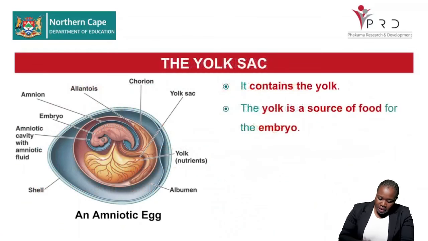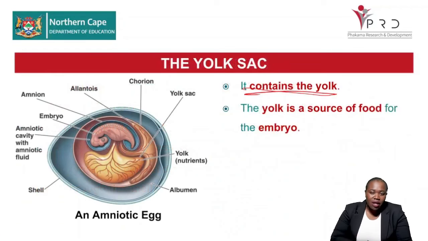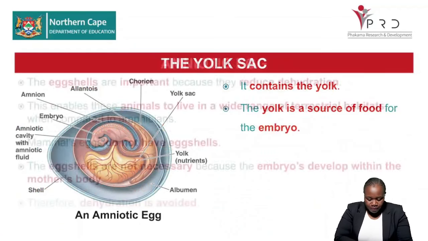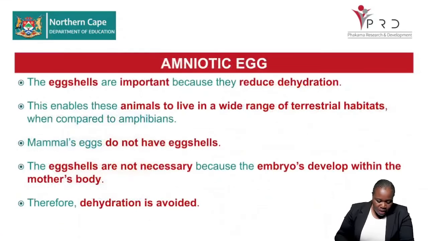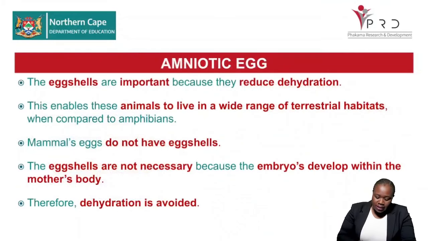Right, and then the yolk sac contains the yolk. This is the nutrition for the embryo. This is where the embryo receives its food, so it is the source of food for the embryo. Okay, and then we have the shell, which is on the outside. The shell prevents dehydration.